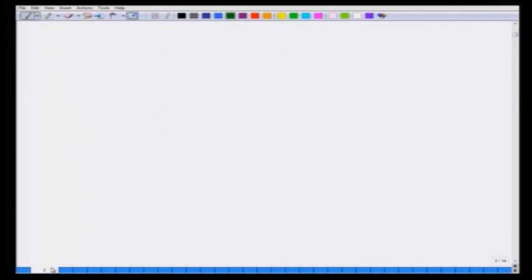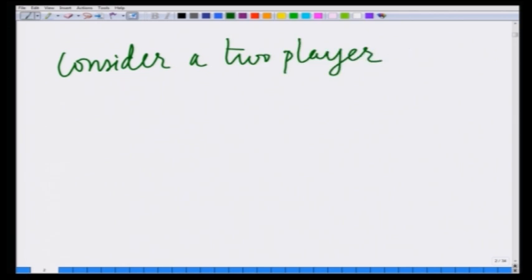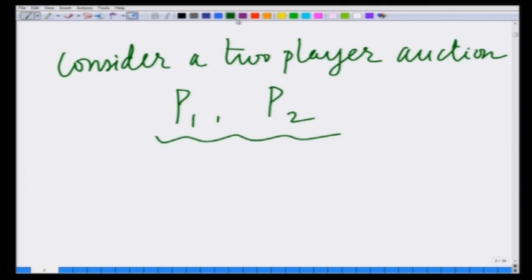We consider a two-player auction. Let us call these player 1 and player 2. These are the two players participating in the auction.